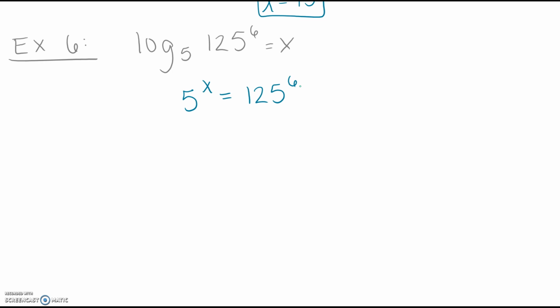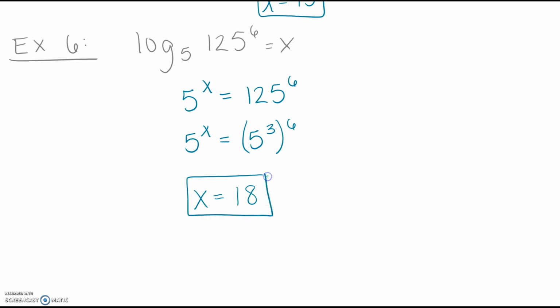Can we rewrite 125 as base 5? We sure can. We can rewrite it as 5 to the 3rd power. So then x is going to equal 3 times 6, which is 18.